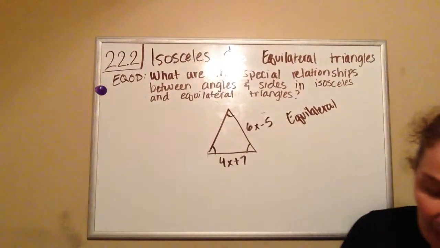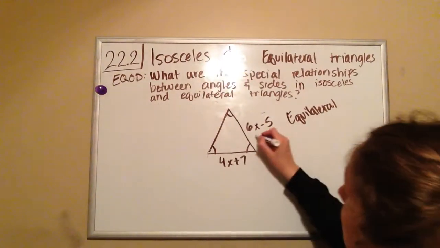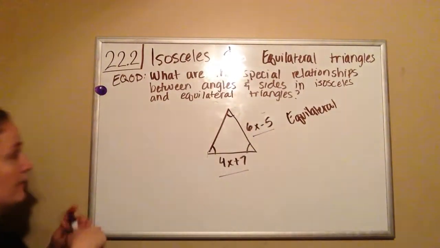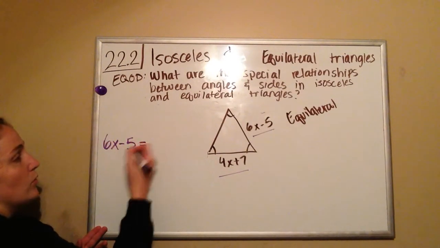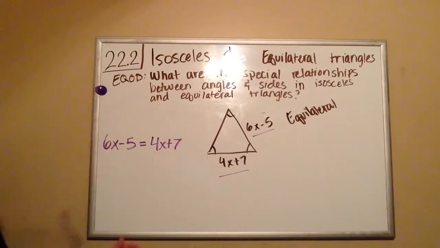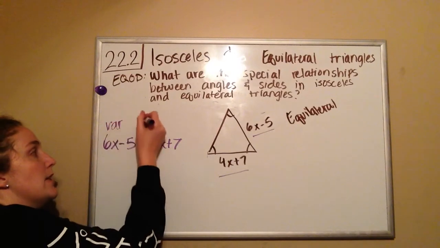So these two sides need to equal each other because they are the exact same. So when we think about that, we have 6x minus 5 equals 4x plus 7. And when we solve this out, I'm going to move all of my variables to the left, which is what works for me.